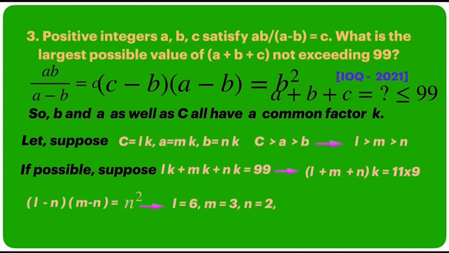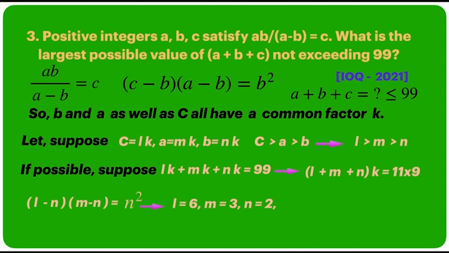So it is clear that we have taken the maximum value of a plus b plus c equal to 99, and it is also possible, because for L equals 6, m equals 3 and n equals 2, we get the values of C, A and B like this.